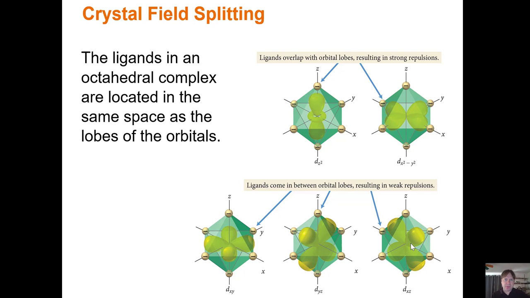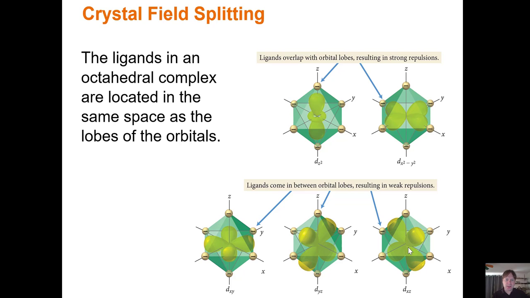We actually have 4 that have 4 lobes, and we're showing their orientation, where they're not quite aligned with what we're showing as where the ligands will be, as we'll see. And this one, and in this one.